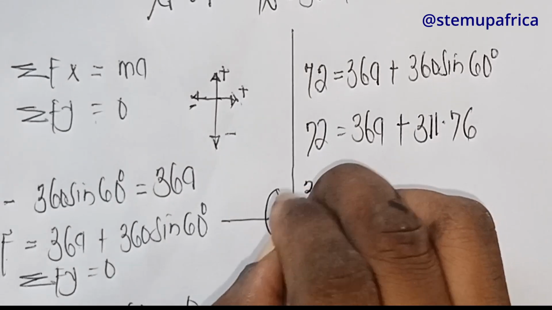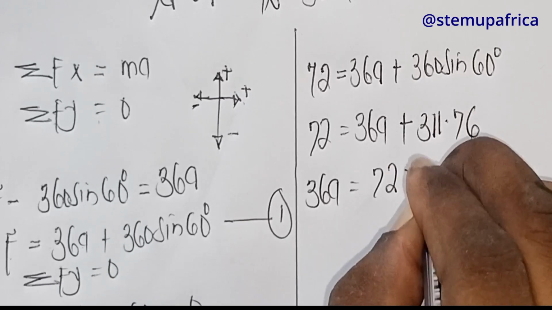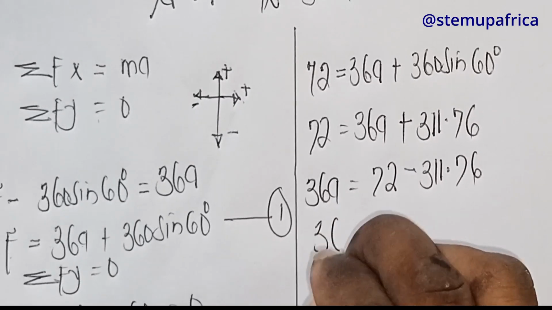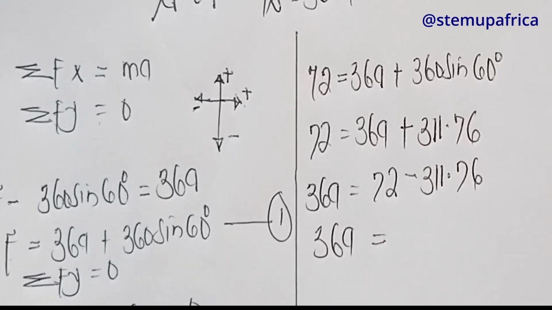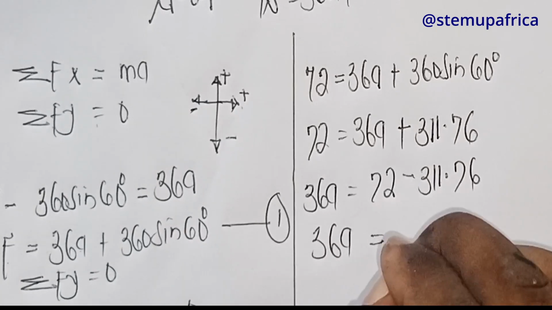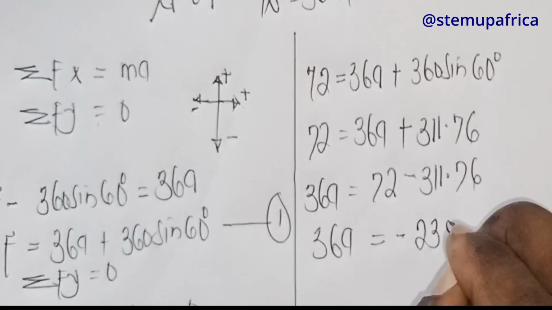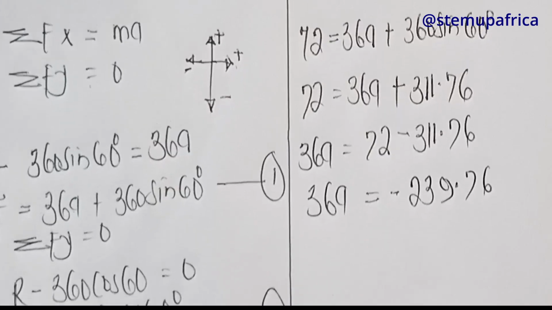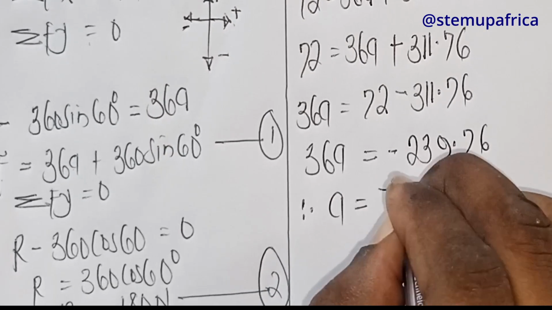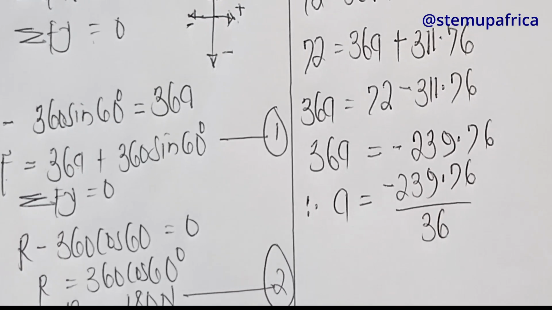So to find A, I will simply collect like terms. So I'm having 36A equals 72 minus 311.76. So 36A equals 72 minus that, which will give us minus 239.76. Therefore, our A is simply minus 239.76 divided by 36.